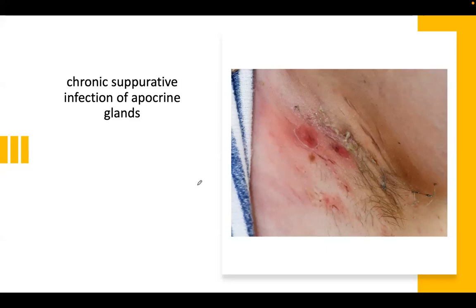What do we call this condition? Chronic suppurative infection of the apocrine glands, like what you see here in the photo, which is usually the axilla. So this is hidradenitis suppurativa. Please take note of that.